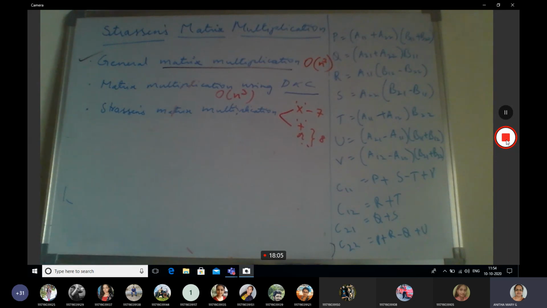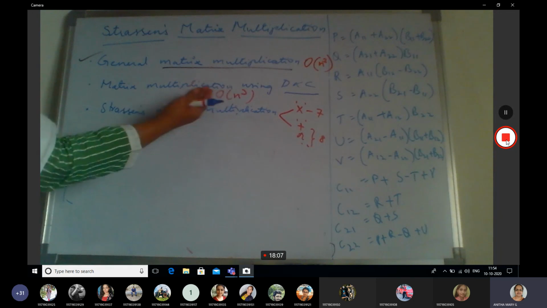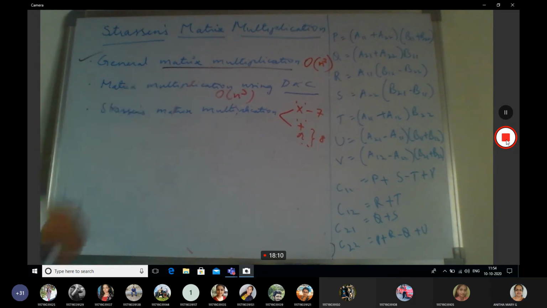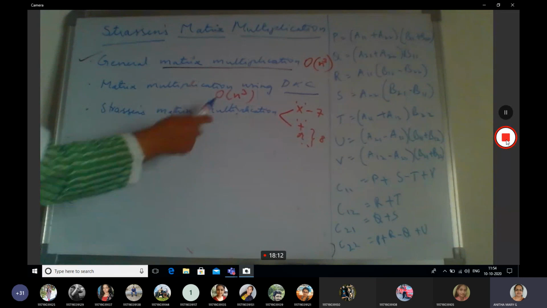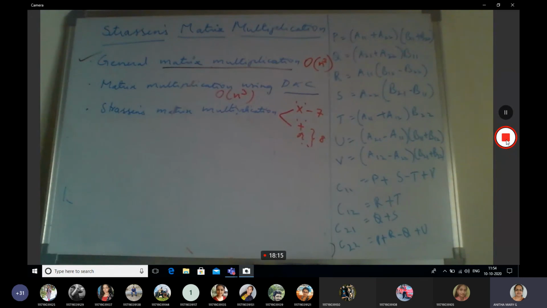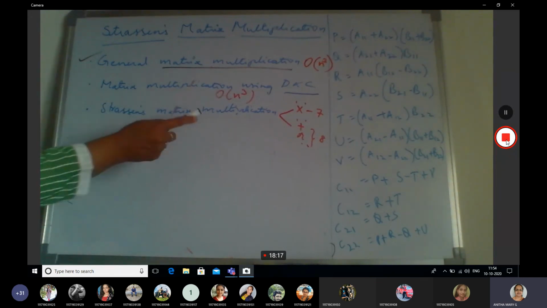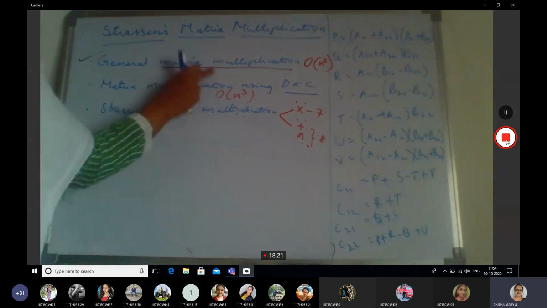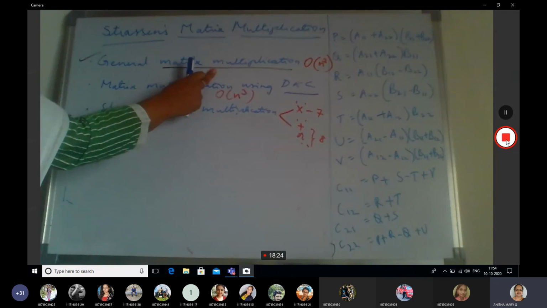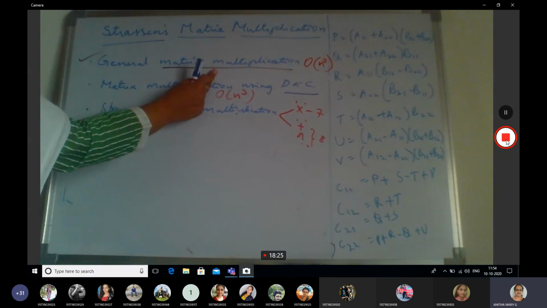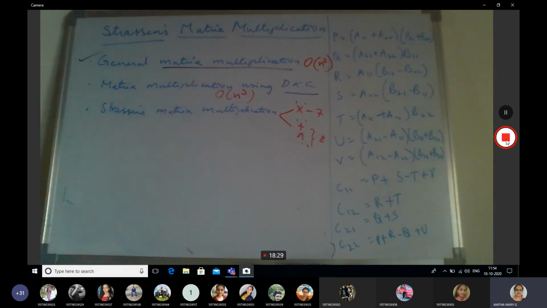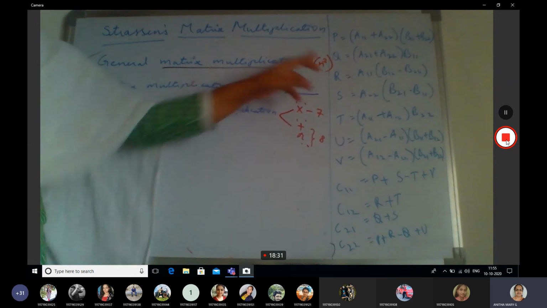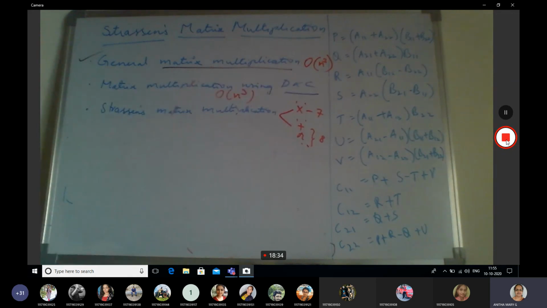Because the same procedure: the problem is divided until you get a small problem, and finally that small problem is solved using the usual method of matrix multiplication, where we use three for loops, and three for loops means you get the time complexity as n cube. Okay, so whichever way you see, you are getting O of n cube only.